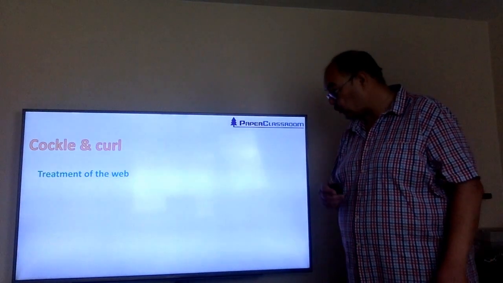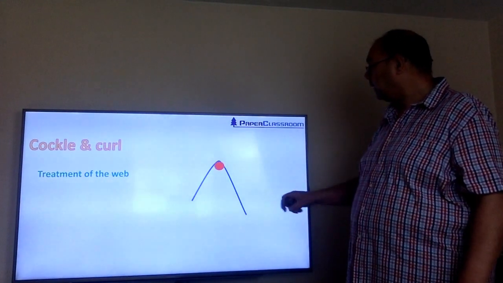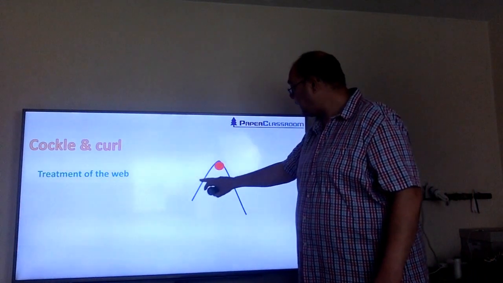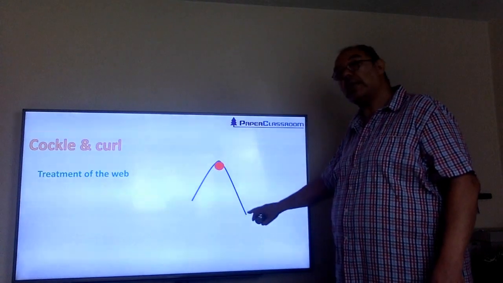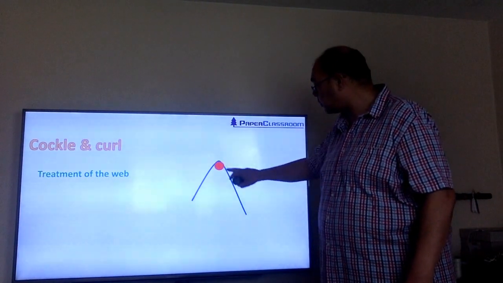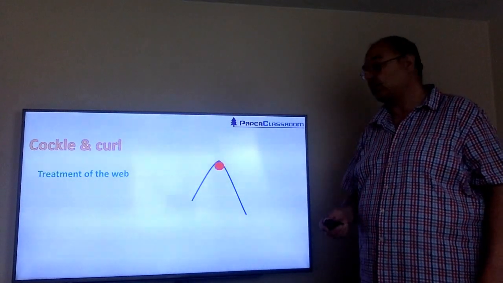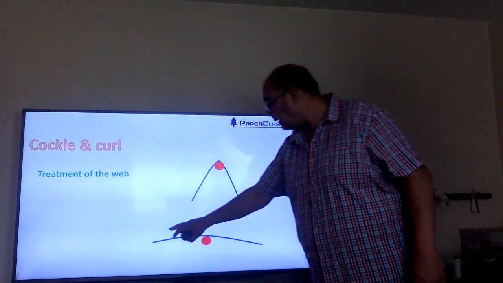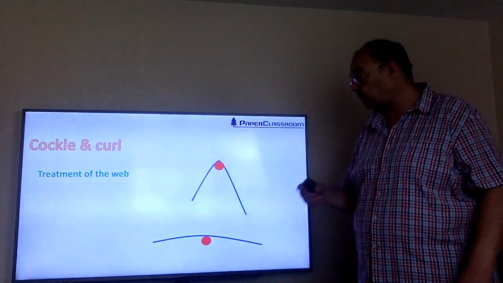Finally, treatment of the web. If you see a sheet going over a roll like that with a very steep, a very small angle like that, that will put a curl into the sheet. Whereas if you go over a roll like that, then you won't put a curl into the sheet.